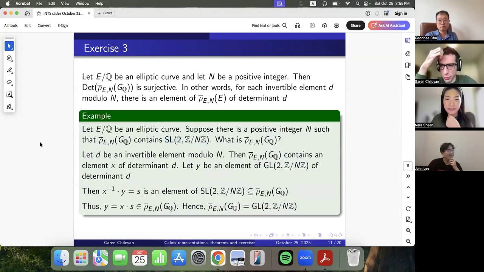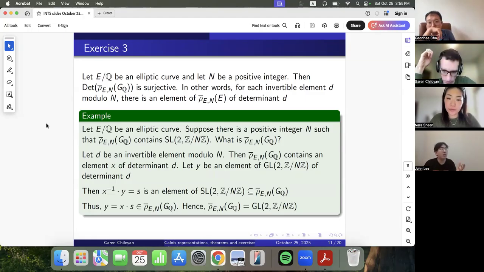Any other questions or contributions? I can add a quick comment. The fact that the determinant map is surjective comes from the Weil pairing, which is an extremely important way to understand this.